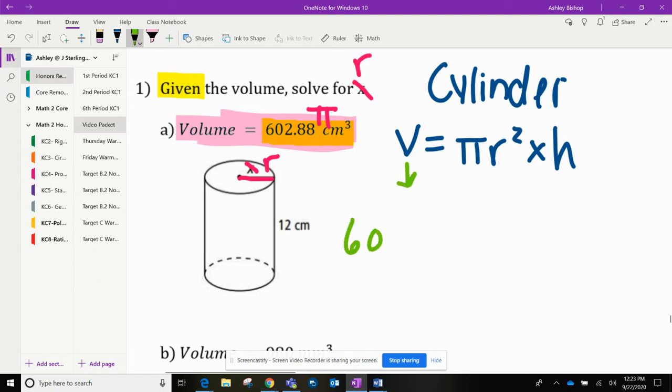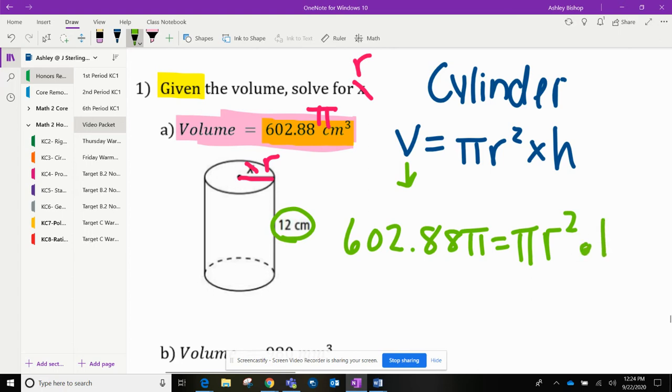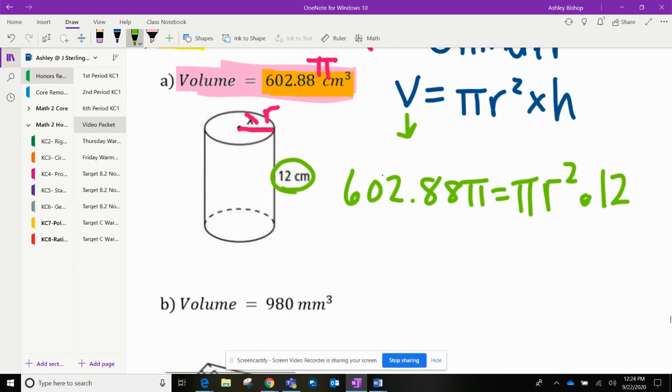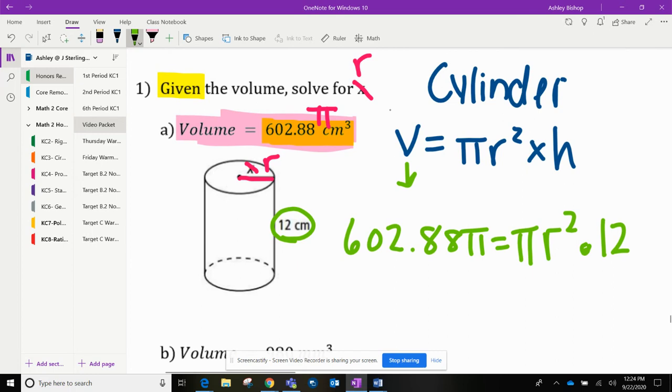So I have 602.88 pi is equal to pi r squared. And then this problem also gave me that my height is 12. So I'm going to substitute in 12 for my height. So all I did so far was substitute in what the problem had given me.